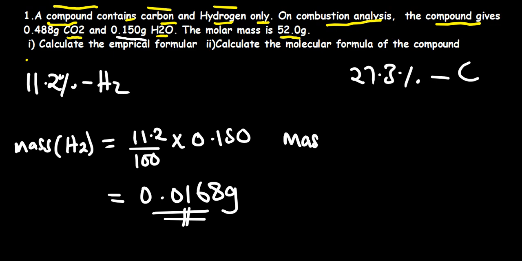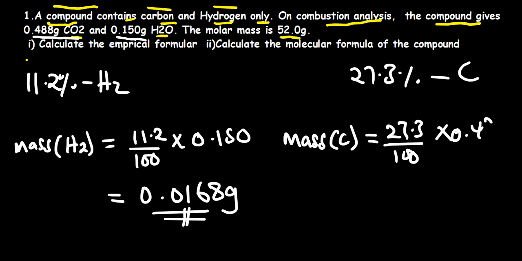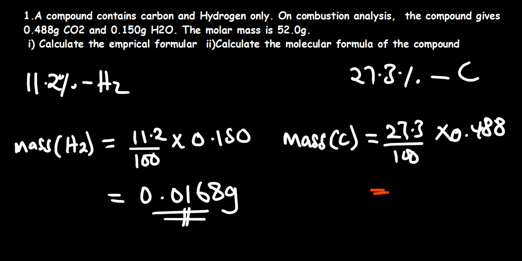And then to find the mass of carbon, we are going to say 27.3 over 100 multiplied by what? Multiplied by the mass of the carbon dioxide. So the mass of the carbon dioxide here is what? 0.488. Just punch that onto your calculator to see what we are going to get. According to my calculator, I'm getting 0.133.